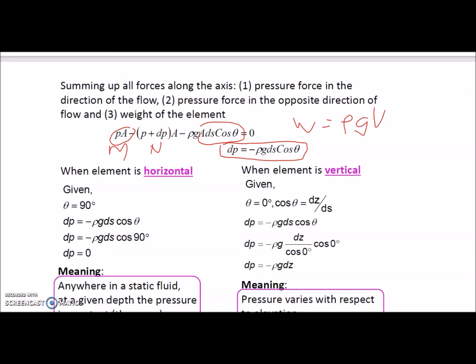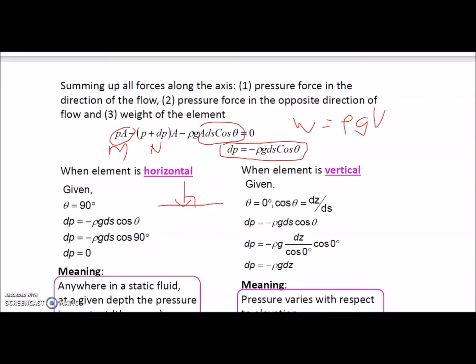Then we have two elements, horizontal and vertical. Horizontal means the view is from above, and vertical means the view is from the side. For horizontal, the angle is 90 degrees because the view is from above.